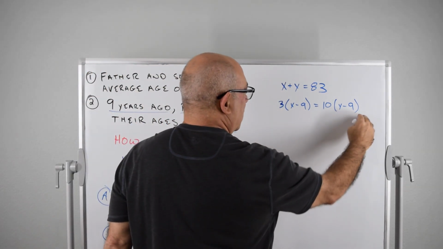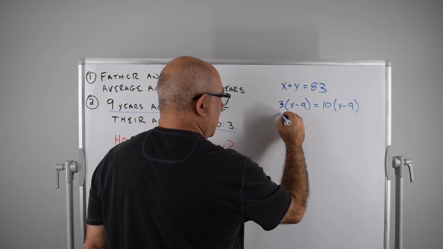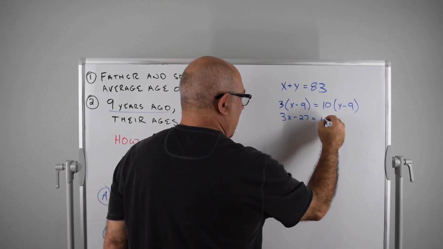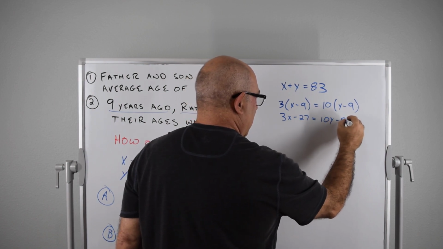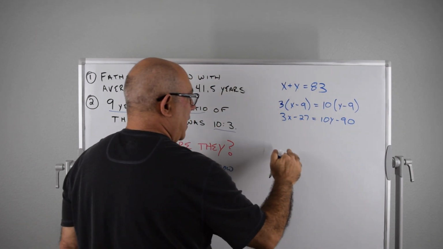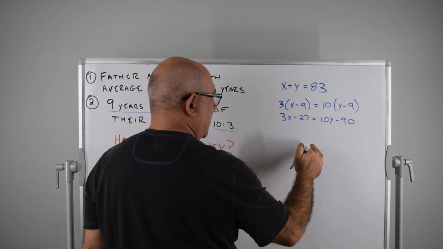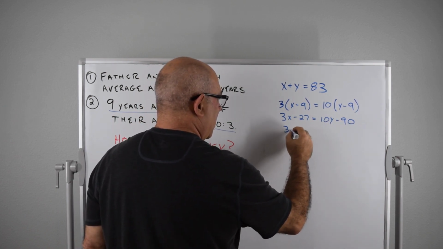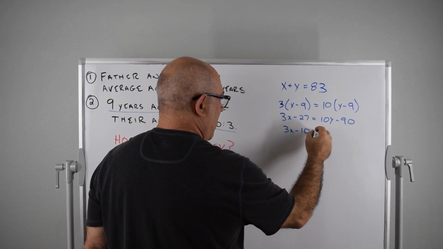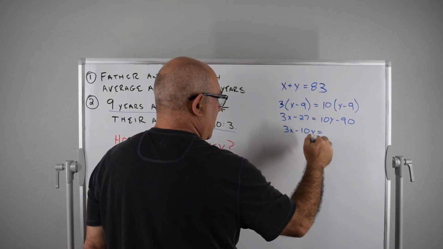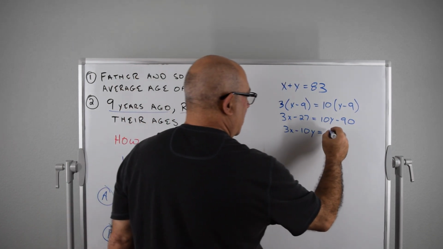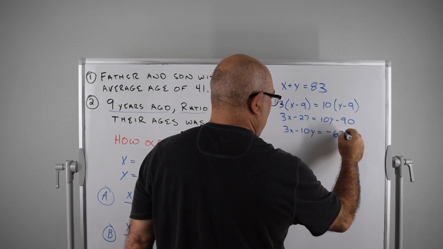First thing we'll do is distribute. So this equation will look like 3x minus 27 equals 10y minus 90. Then let's get x and y on the same side and the constant on the other side. So we have 3x minus 10y equals minus 90 plus 27, which is minus 63.